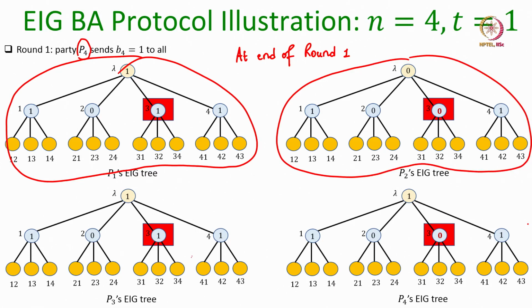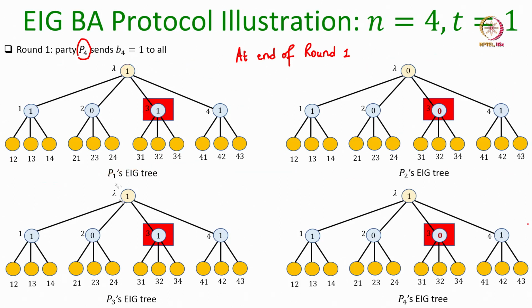Now, you can see that since P3 has lied about his input value to 2 and 4, the node which I have highlighted here has been assigned different values in the respective copies of the EIG tree, and the parties will not be knowing this, because they do not know who is corrupt and who has communicated the right information, who has communicated the wrong information. Fine.